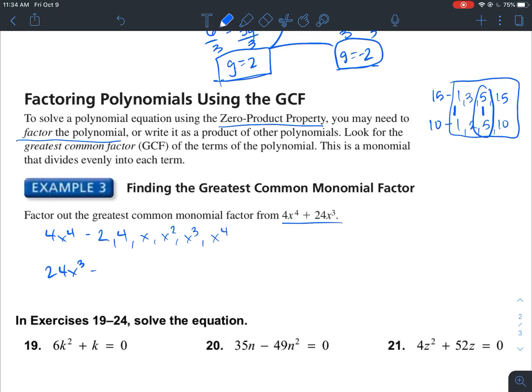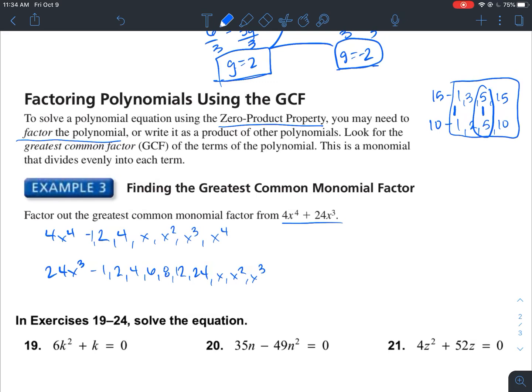So let's take 24x cubed now. Let's list the factors of 24. So that would be 1, that would also be 1 over here. So 1 and 2, 4, 6, 8, 12, 24, and then we'd have x, x squared, and x cubed. Now let's take a look at the list of these factors for both terms and see what they have in common.